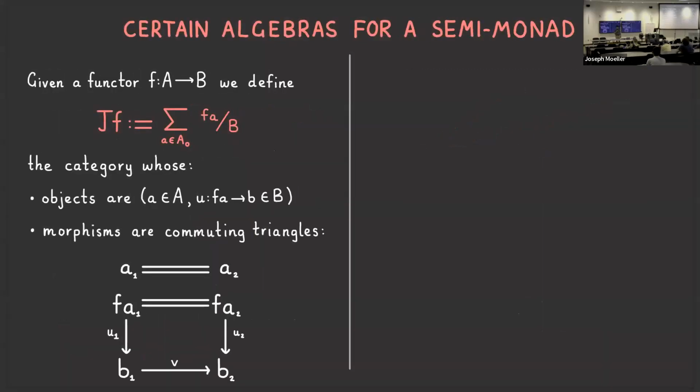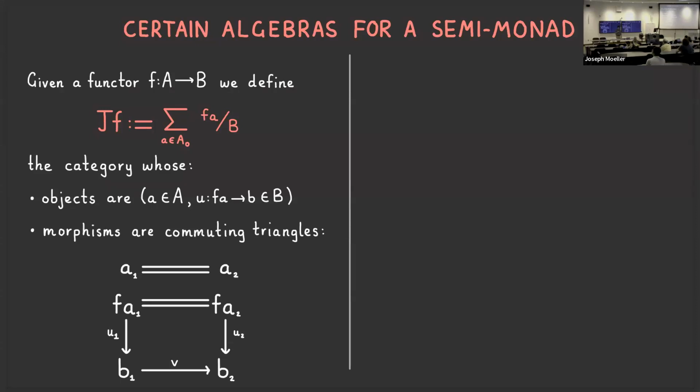And so I want to recap this result that delta lenses are algebras for a certain semi-monad. So given a functor, we can define this category, which I'm calling J of F. And this category is just the sum of a bunch of coslice categories, okay, indexed by the set of objects of the category A. And so unpacking that a bit more concretely, the objects are going to be pairs of an object in A and a morphism U in B of that type, and the morphisms are just commuting triangles, which I've drawn as a square.